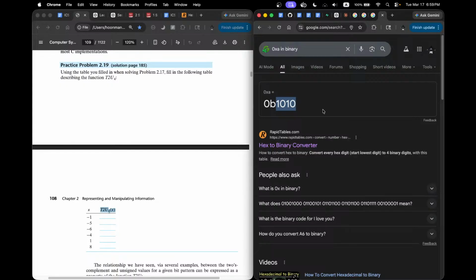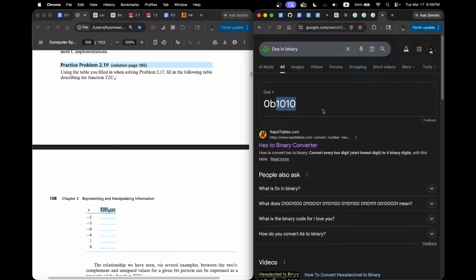It's 10. -5 is gonna be 11. -1, I don't know. Well, -1 would be like 2 to the 3 plus 2 to the 2, so 8 plus 4 plus 2 plus 1, which is -1.